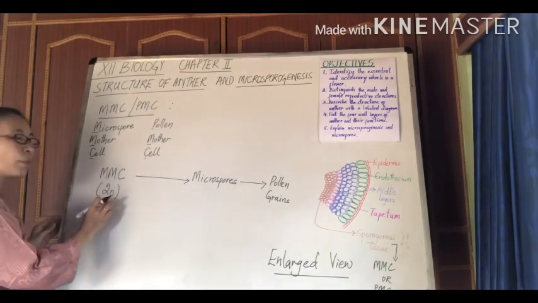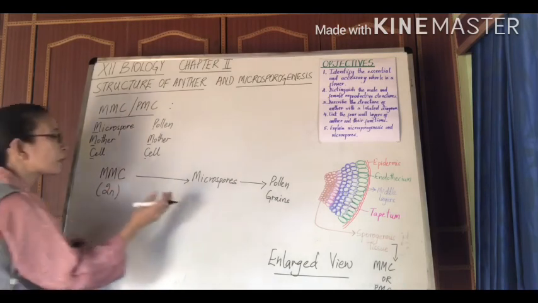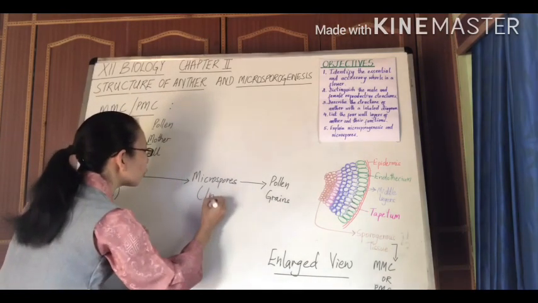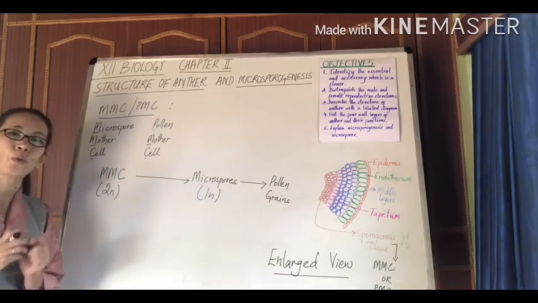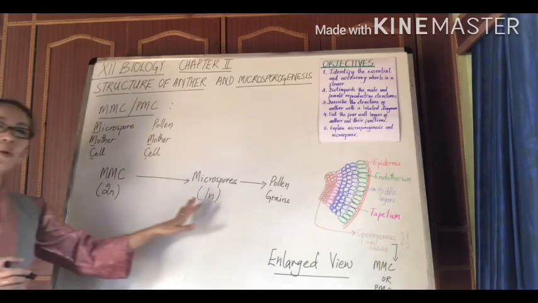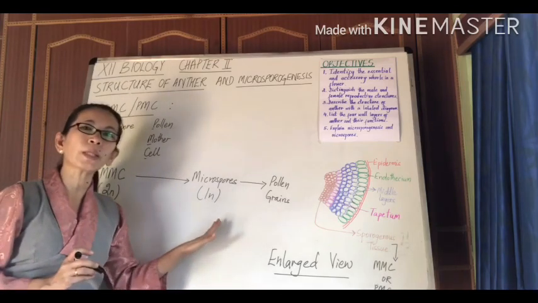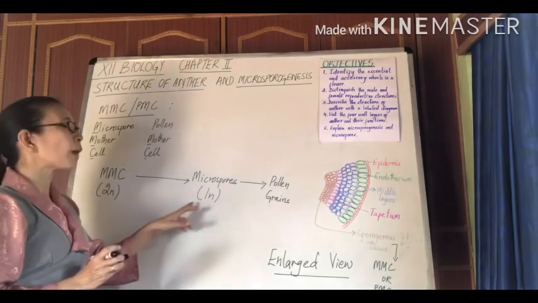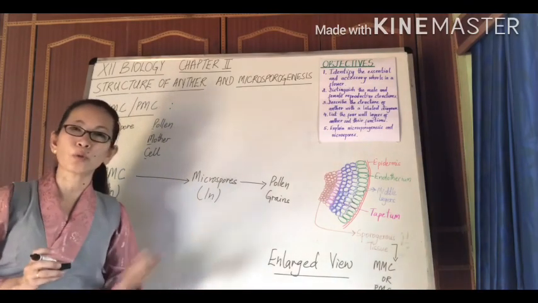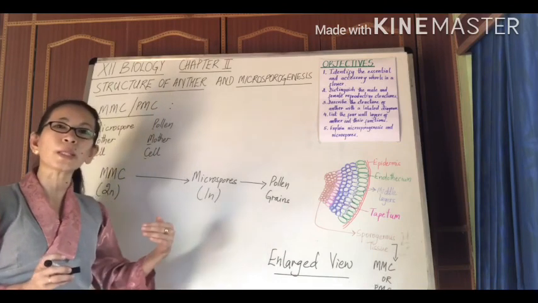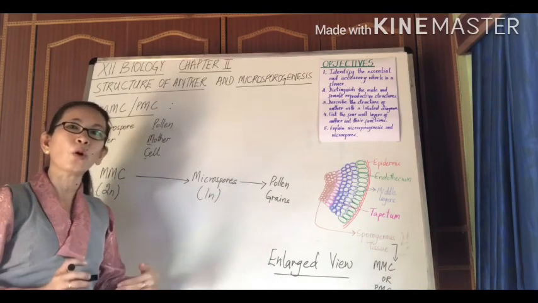So MMC, which are diploid, would undergo a division and result in the formation of haploid microspores. Alright, so MMC undergoing cell division and producing daughter cells which are called microspores, and these microspores are haploid spores. Okay, these are haploid male spores because they are produced inside the male reproductive organ.